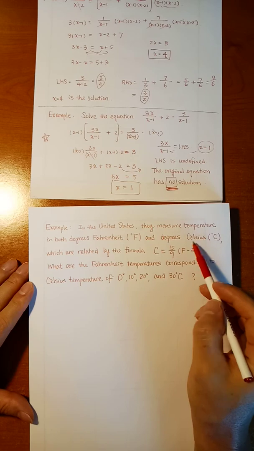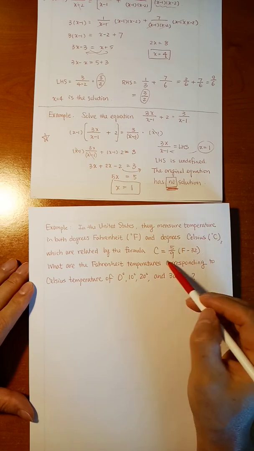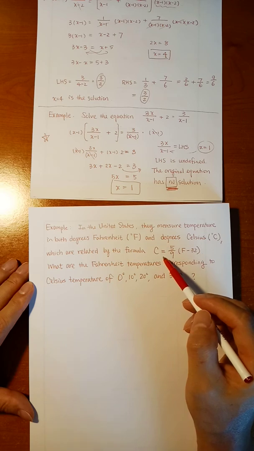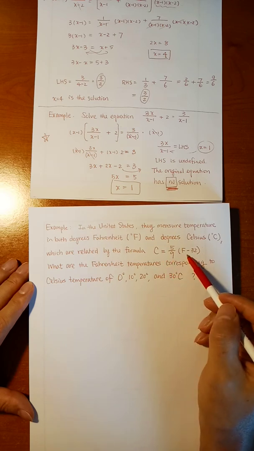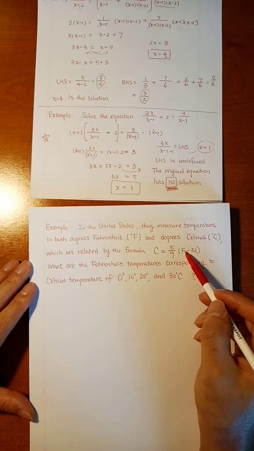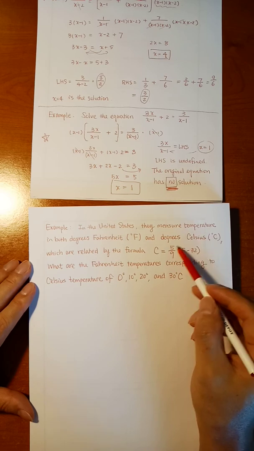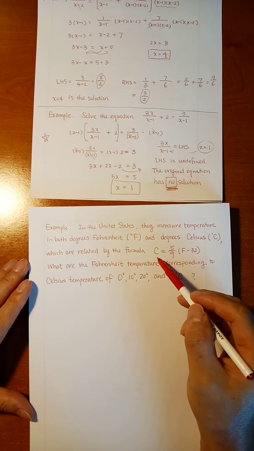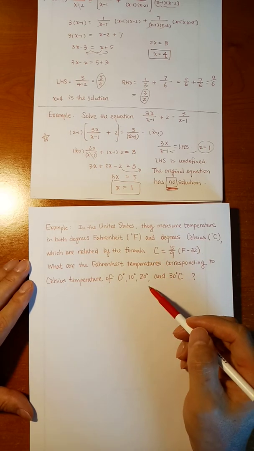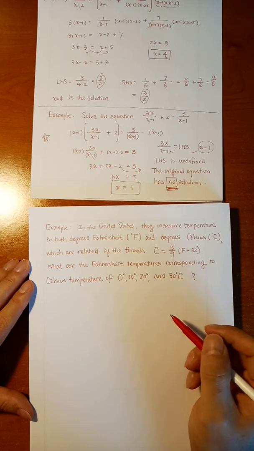In the problem, first, some relation between those two systems of degrees is provided. From this equation, whenever you know the Fahrenheit degrees, you can compute the corresponding Celsius degrees. But the problem asks you the reverse way.